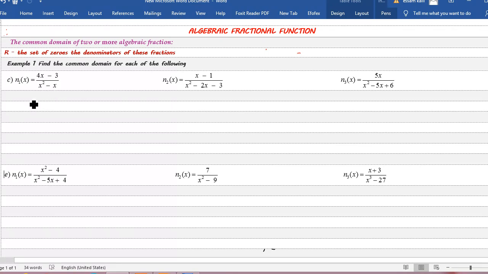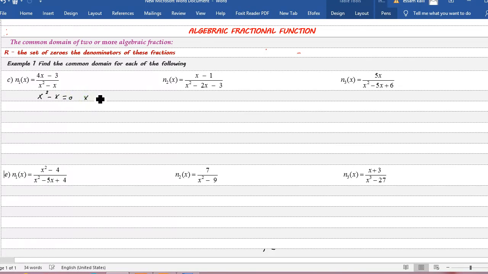First, find the sets of 0 of the denominator. Writing x power 2 minus x equal 0.